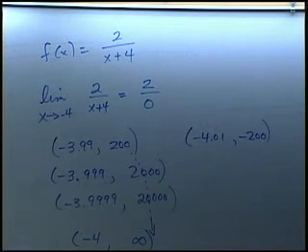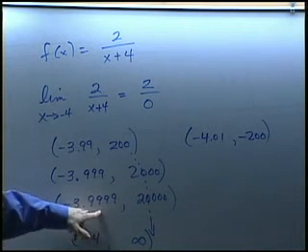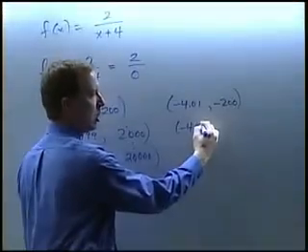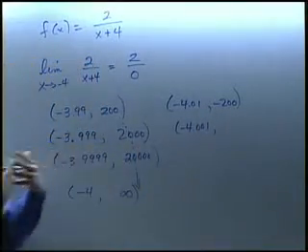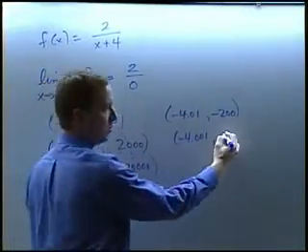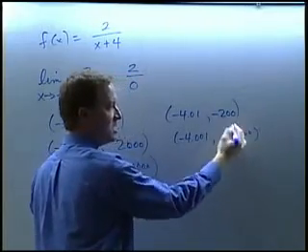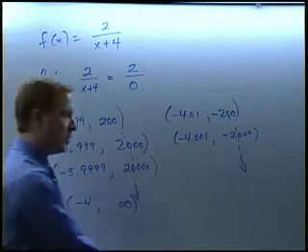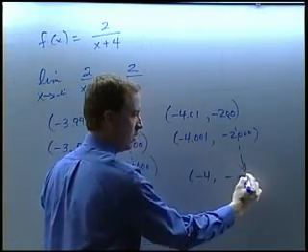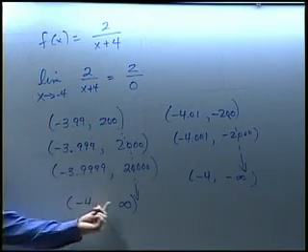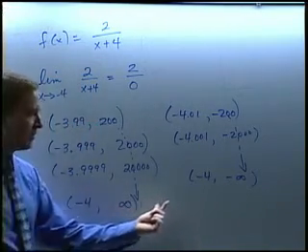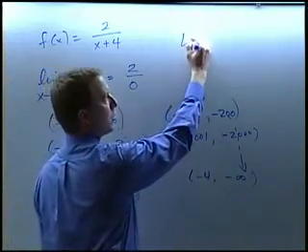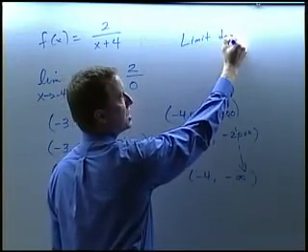On the other side, if I get closer and closer to -4 from that direction, this value will turn into -2,000, and this one's going off toward -infinity, right? So the behavior on one side is taking us upward to infinity. The behavior on the other side is taking us to -infinity. So what we would say in this particular problem is that the limit does not exist.